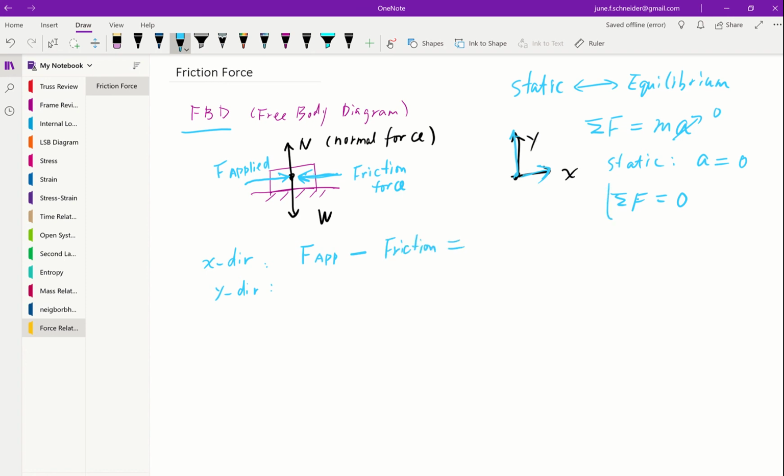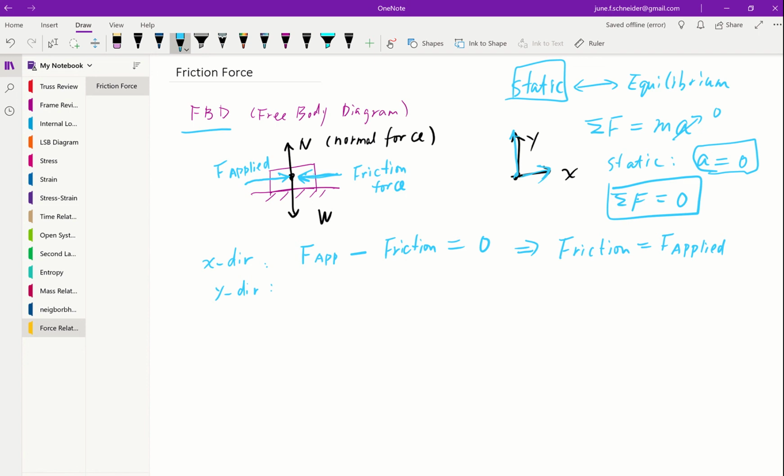All those have to equal 0 because acceleration is 0. It's static. So in other words, you can figure out this friction force will be equal to the applied force if the book is static, right?